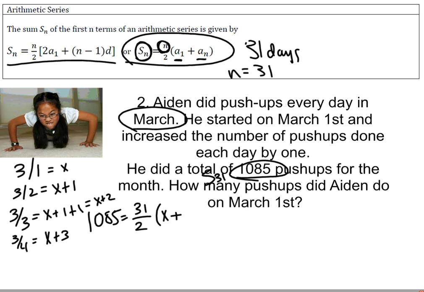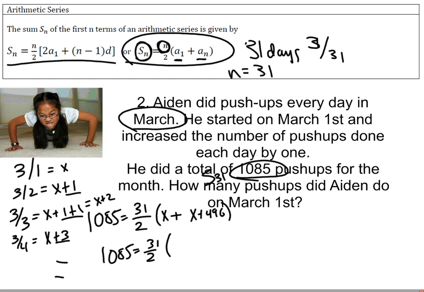So now on the 31st day, on March 31st, by the time you add all these up, he's going to do x plus 496. What that comes from is 1 plus 2 plus 3 plus 4 plus 5 plus 6 all the way through. So 1,085 is going to be equal to 31 divided by 2 times 2x plus 496.